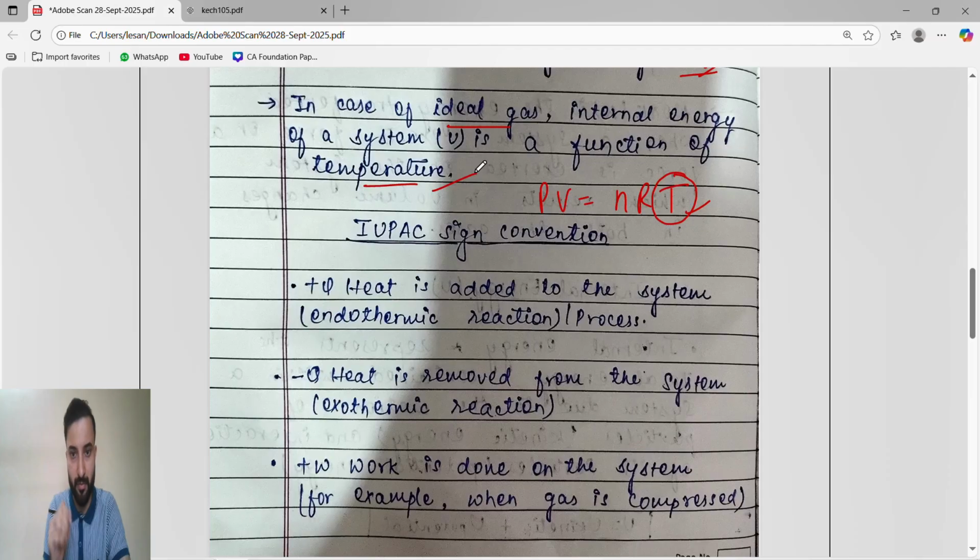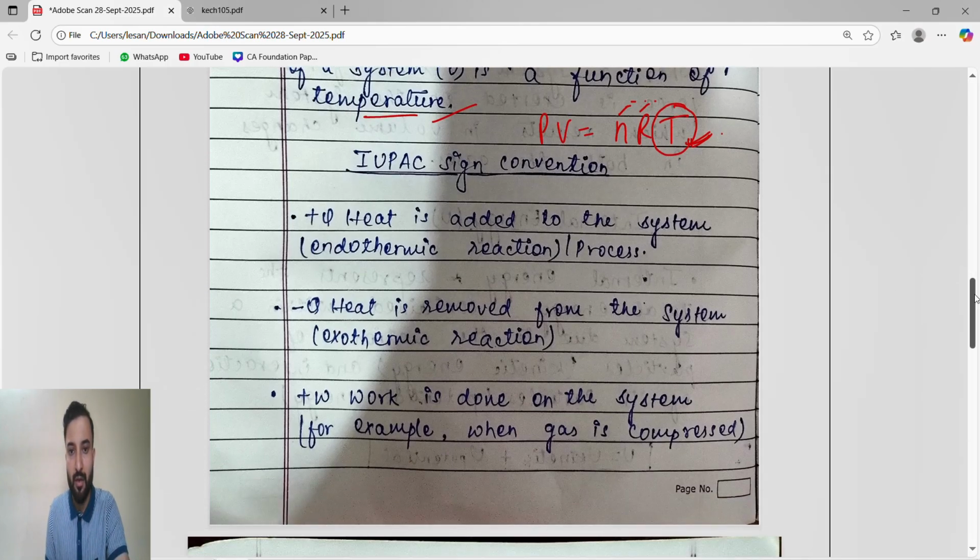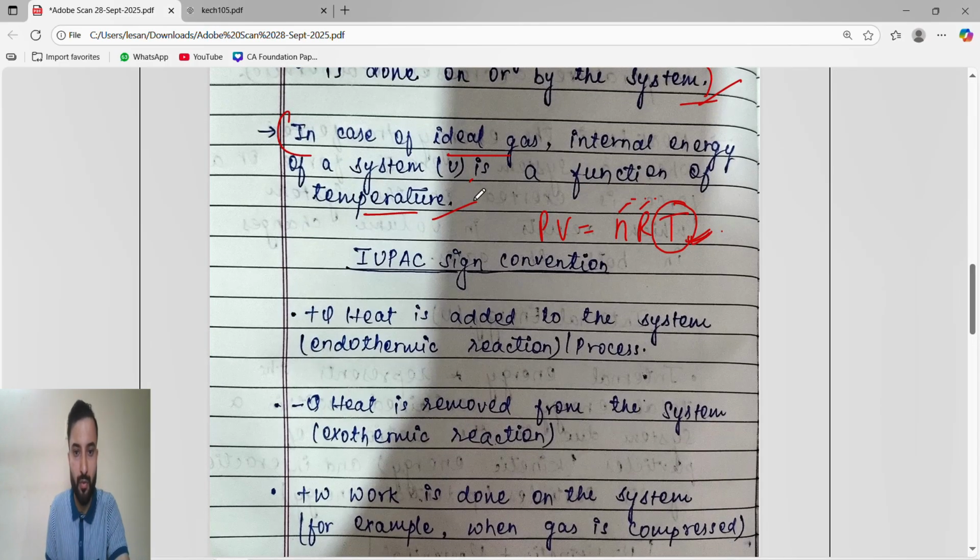Write down this point from here to here.